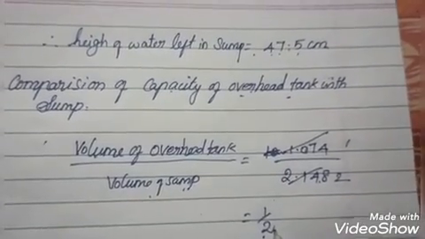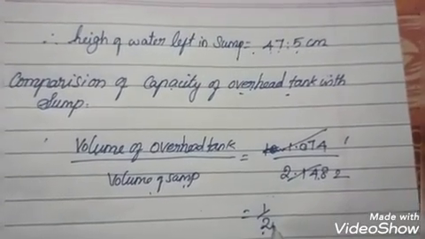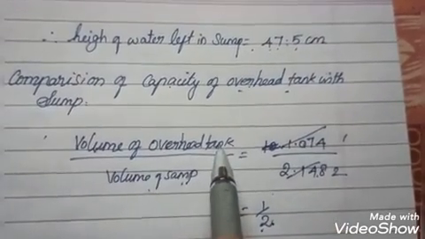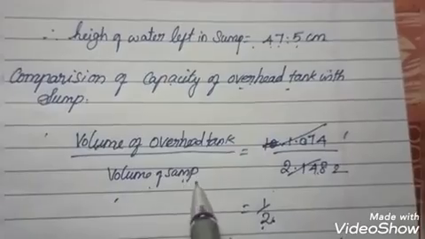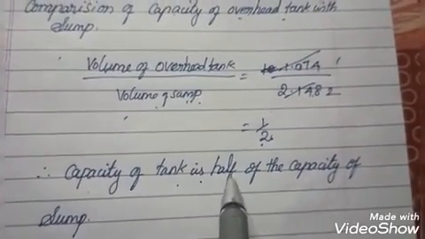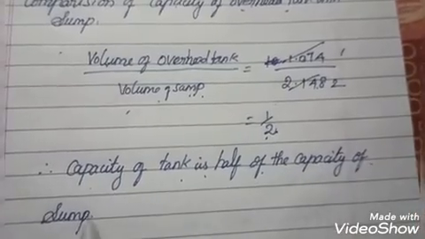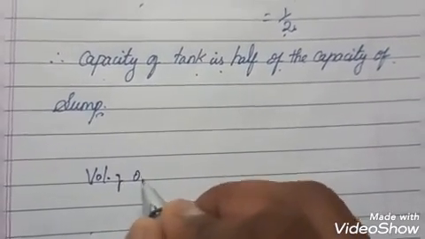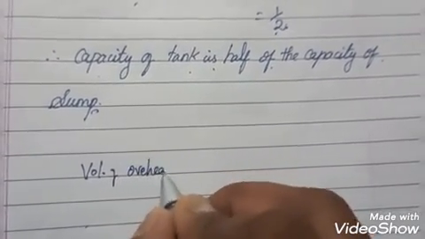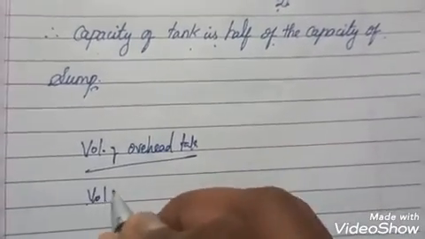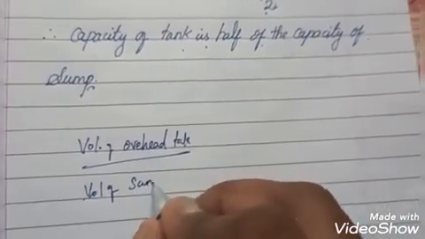So half. Which one is half? Listen, the volume of the overhead tank is half of the volume of the sump. The capacity of the tank is half of the capacity of the sump. Just think how it is possible. Volume of overhead tank divided by volume of sump, what is that?